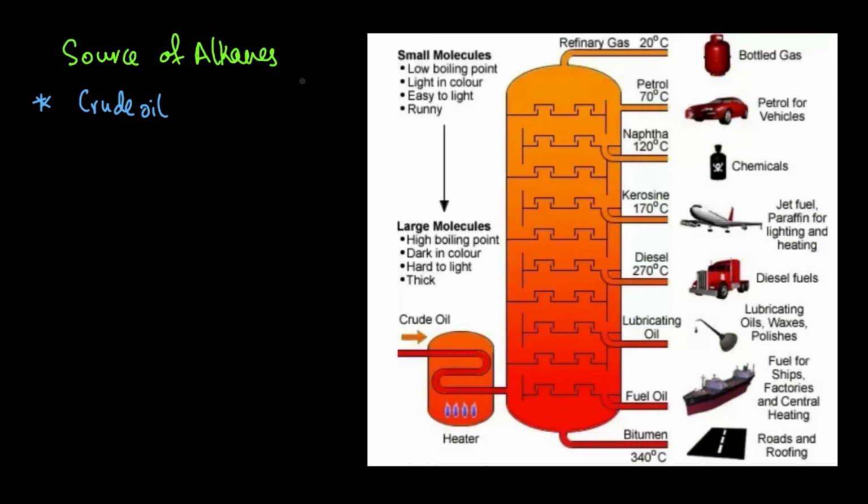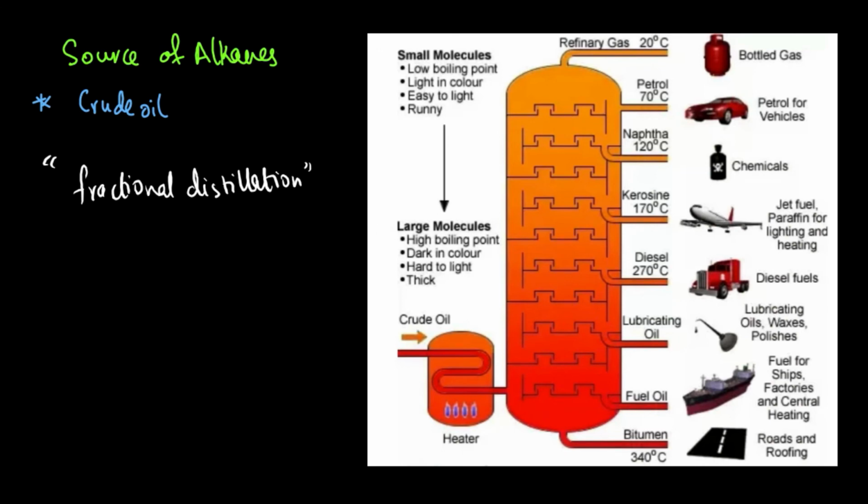But what procedure does this entire diagram follow? It follows fractional distillation. And fractional distillation obviously is a method of purification which is brought about by heating the mixture of compounds to a certain boiling point, which leads to separation of these compounds into their pure forms.